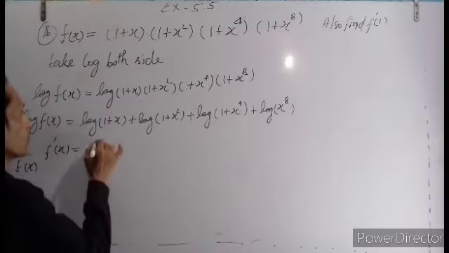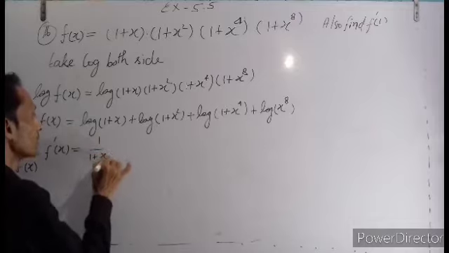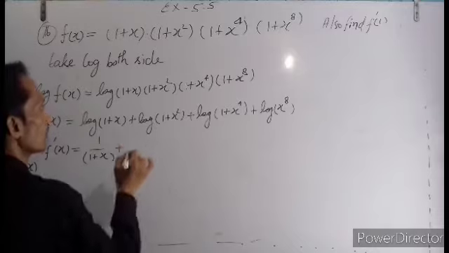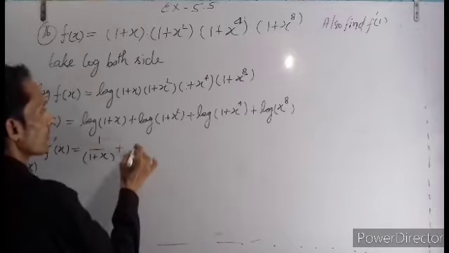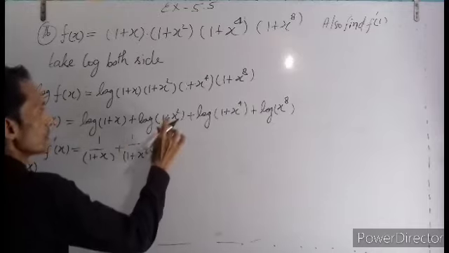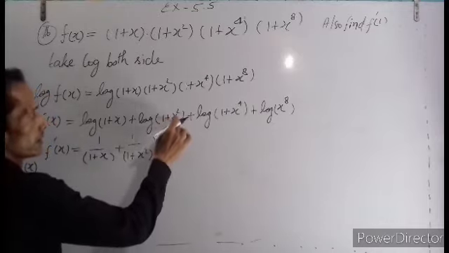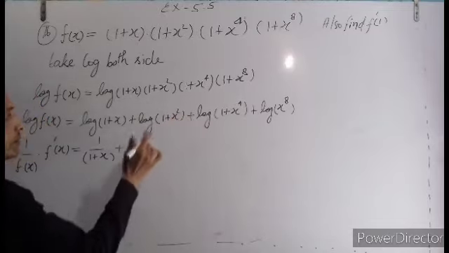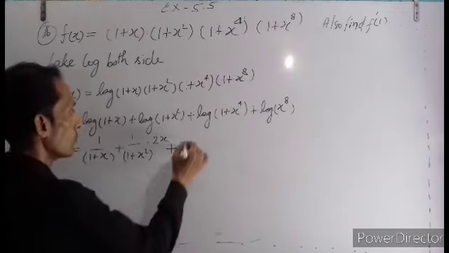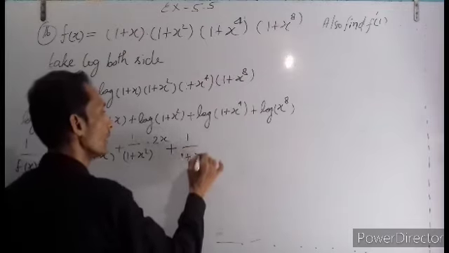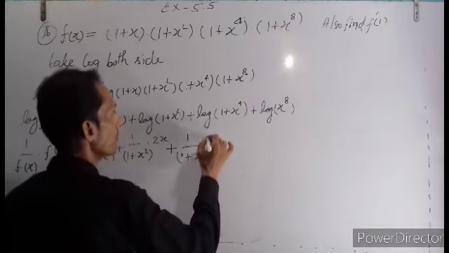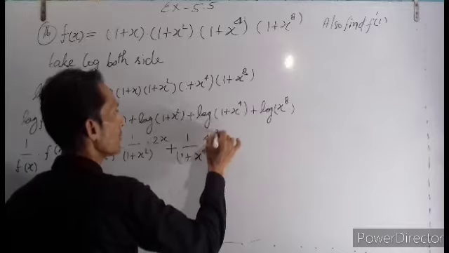Coming to the RHS, the derivative will be 1 upon 1 plus x into the derivative of 1 plus x, plus 1 upon 1 plus x square into the derivative of 1 plus x square, which is 2x, plus similarly 1 upon 1 plus x raised to the power 4 into the derivative of x raised to the power 4, which is 4x cube.